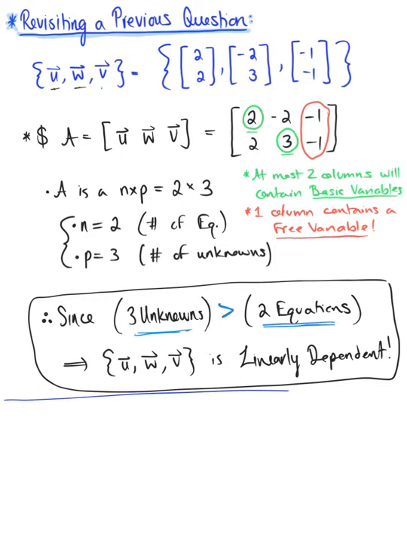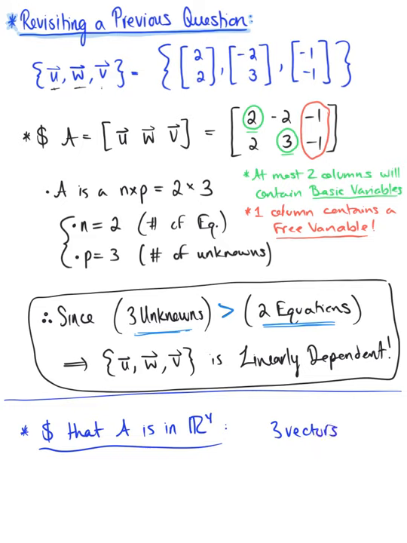So if we suppose that a matrix A is in R4, so let's suppose we have a matrix in R4, and I give you a set of 3 vectors, and I ask you, is this set linearly dependent or independent? Well, we don't know.